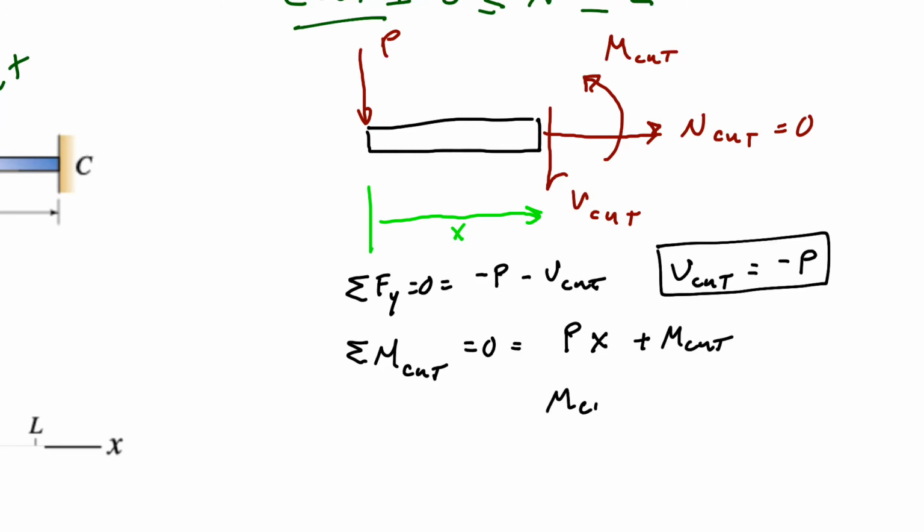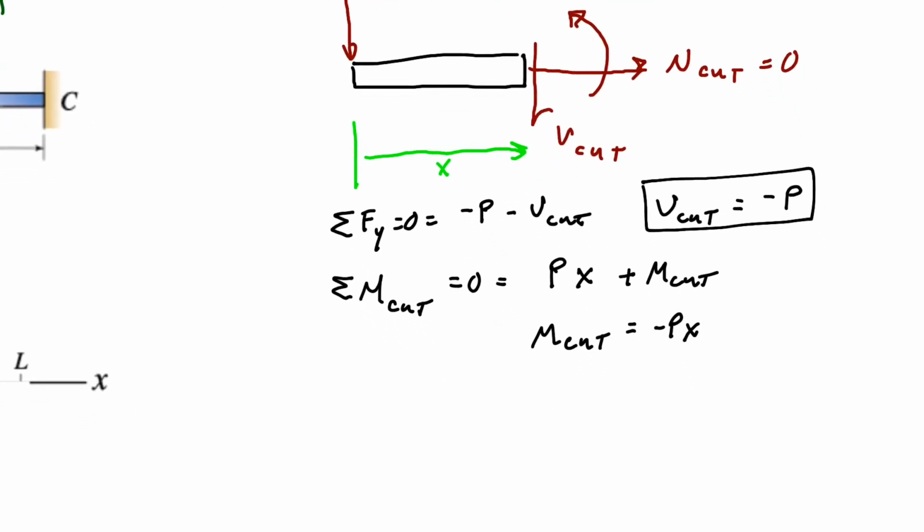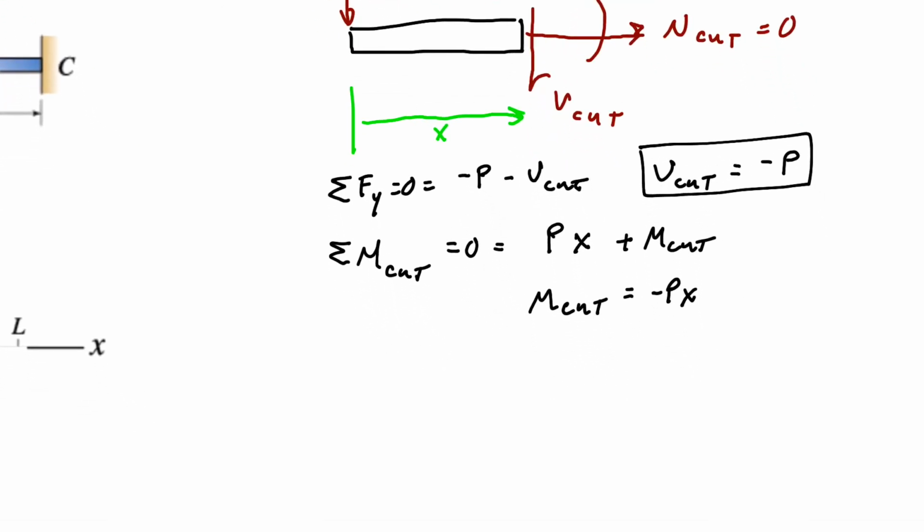My moment M cut is now equal to minus Px. If I solve for Px between 0 and L, at x equals 0, my M cut equals 0. At x equal to L, my M cut equals minus PL.